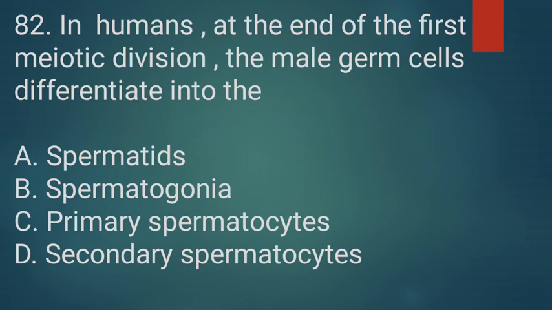Next question. Question number 82. In humans, at the end of the first meiotic division, the male germ cells differentiate into the. Options are option A, spermatids, option B, spermatogonia, option C, primary spermatocytes, option D, secondary spermatocytes.